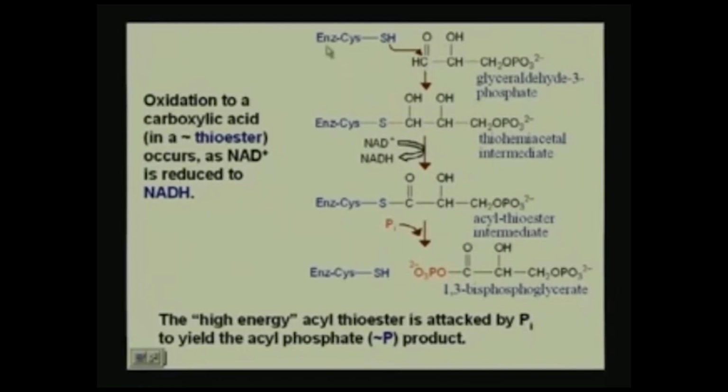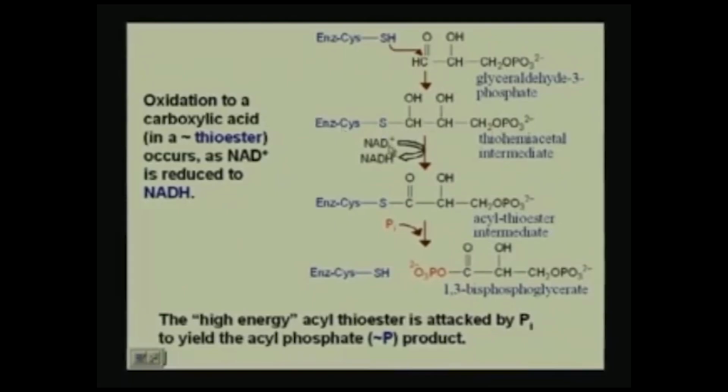So the cysteine group present in the active site of glyceraldehyde 3-phosphate dehydrogenase is forming a thiohemiacetal intermediate with the aldehyde of glyceraldehyde 3-phosphate. Now this part is linked to the enzyme.